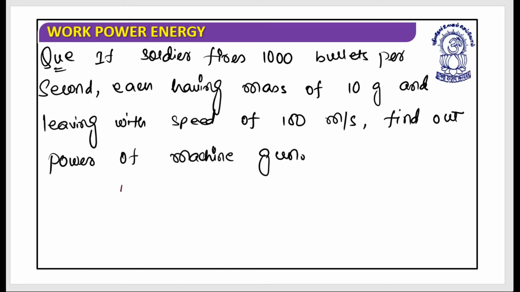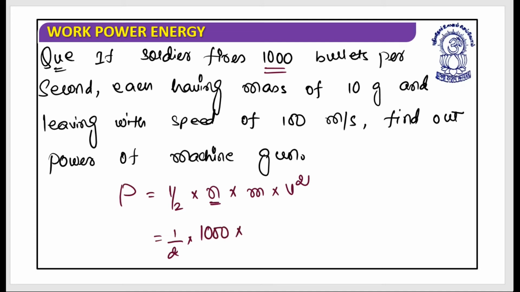So from the basic relations we have P is equal to 1 by 2 into n into m into v square. Yes, we have derived it in the last slide only. So this is equal to 1 by 2 multiplied by n, the number of bullets per second, which is 1,000, multiplied by mass, 10 but it is gram, so divide by 1,000, multiplied by v square.